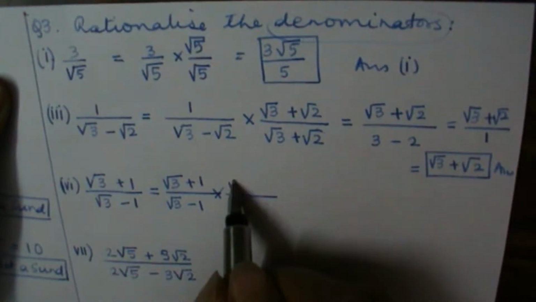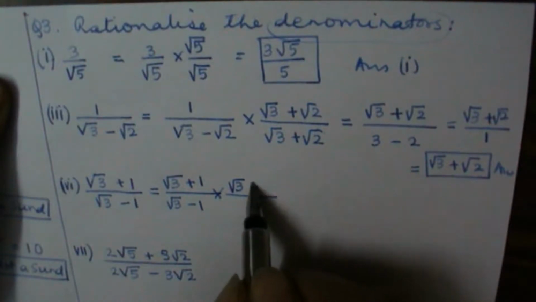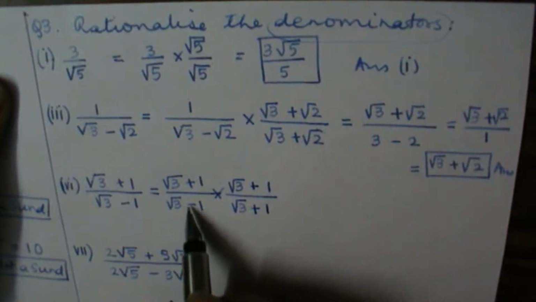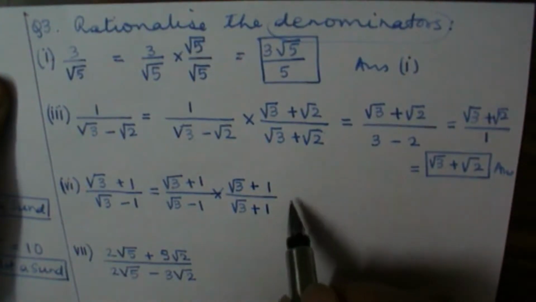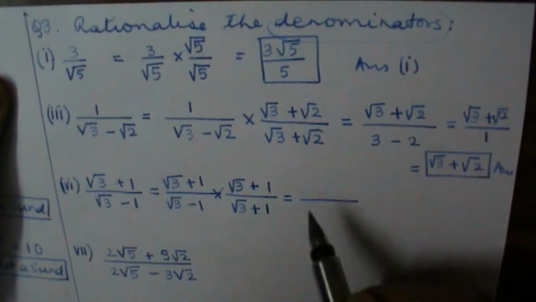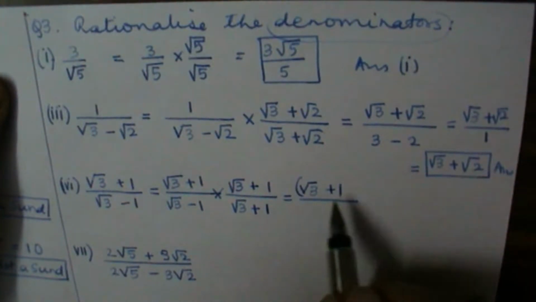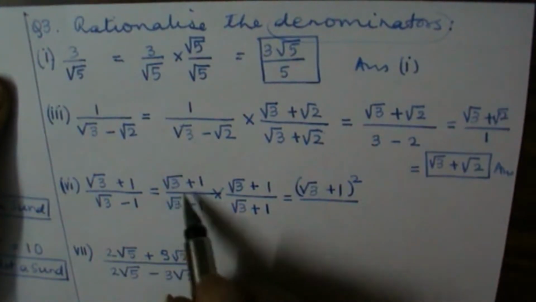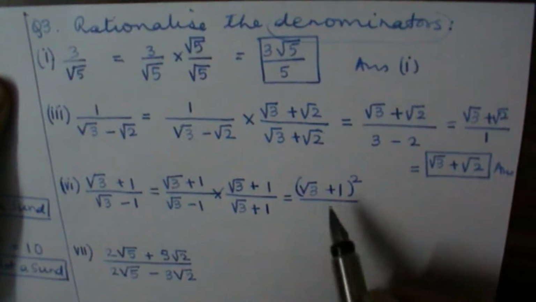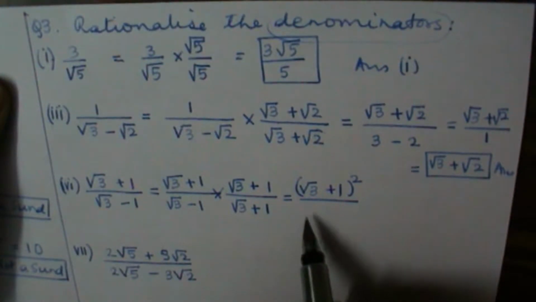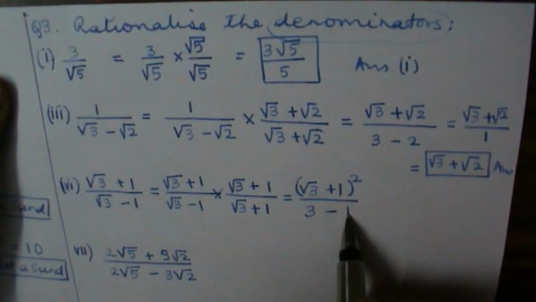So it will be root 3 plus 1 upon root 3 plus 1. This is minus, this should be plus. Now, in the numerator, it will be root 3 plus 1 whole square because the two brackets are the same. And here it will be a square minus b square. So root 3 whole square becomes 3 minus 1.